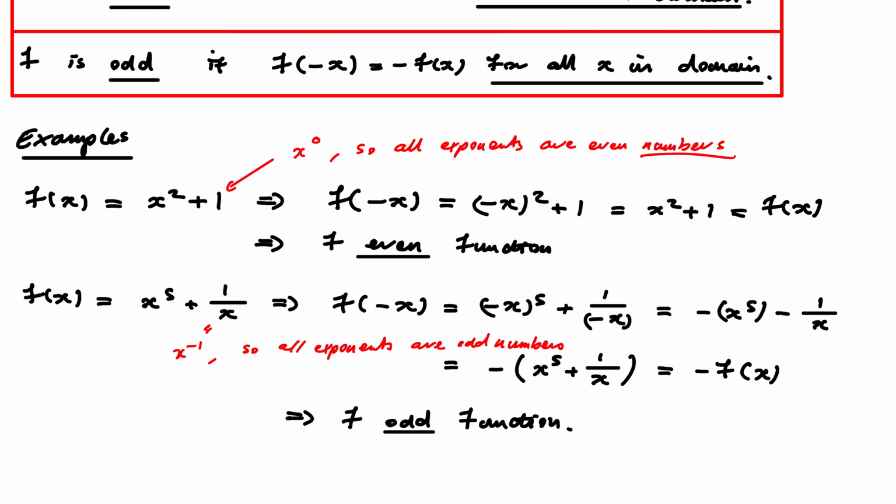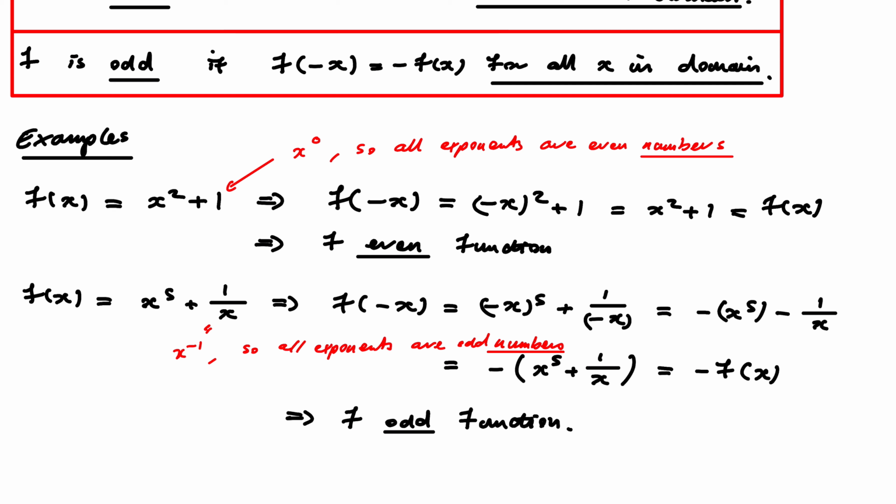So this actually really is where the terminology comes from, essentially. Because if you have x to some integer power, it'll be an odd or even function if and only if the exponent is an odd or an even number.